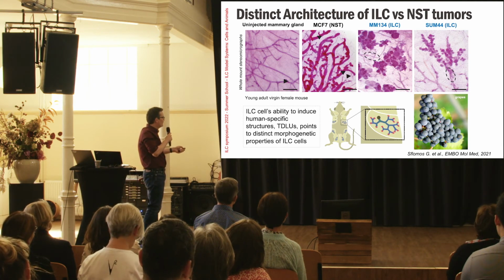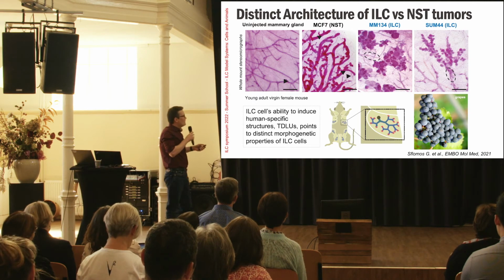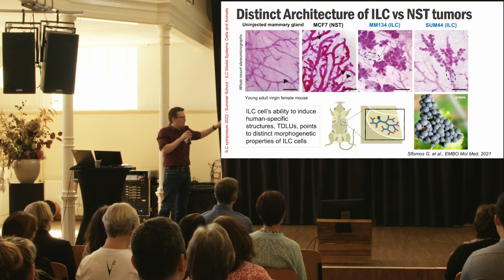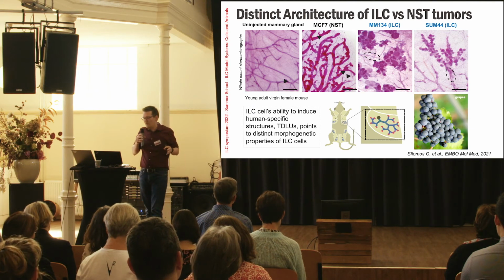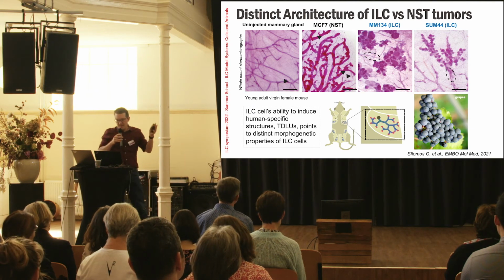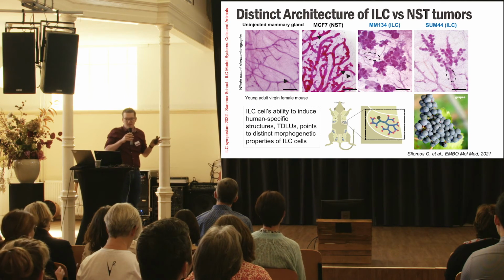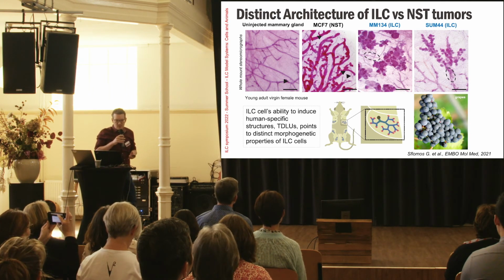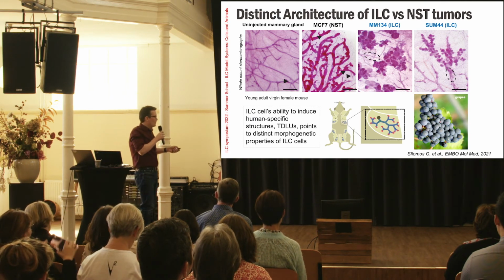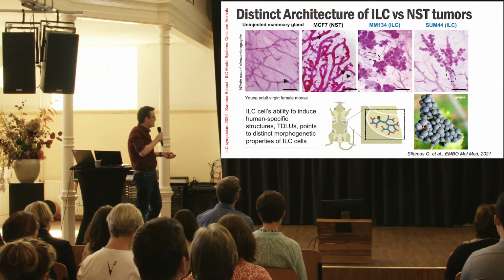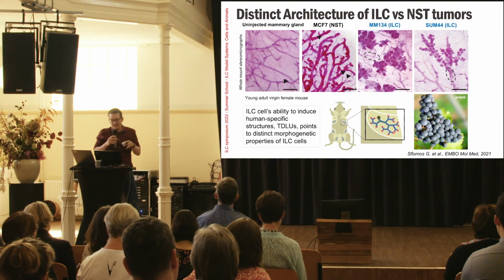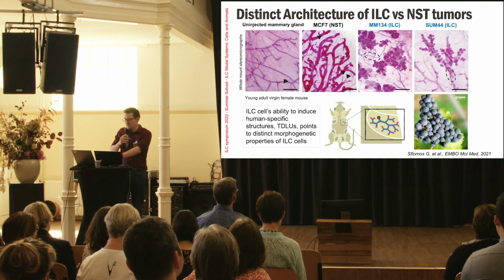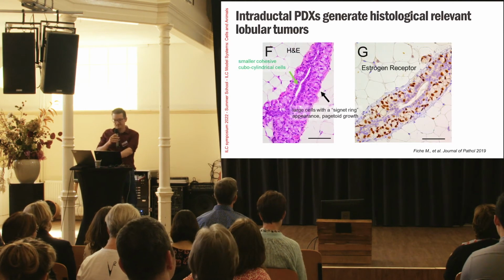So they don't really fill this area. However, in contrast, both lobular cell lines, as you can see here, have a completely different pattern. They form human-specific structures that resemble the terminal ductal lobular units, this grape-like growth. That is another characteristic that points to distinct morphogenetic properties of lobular carcinoma.